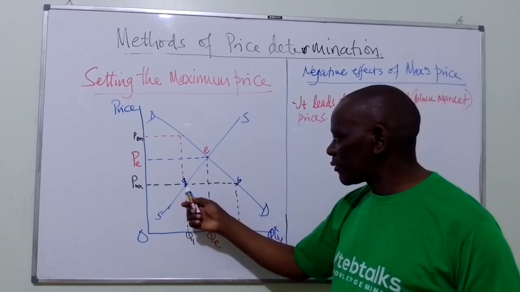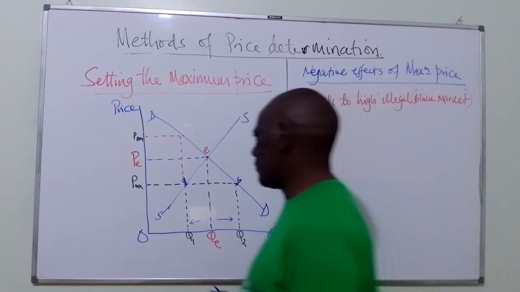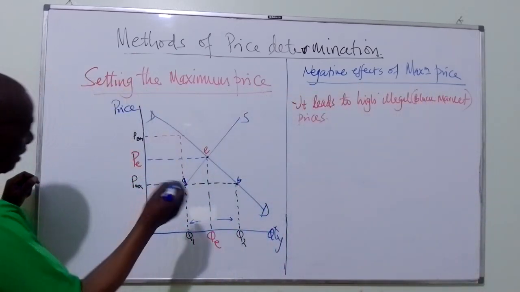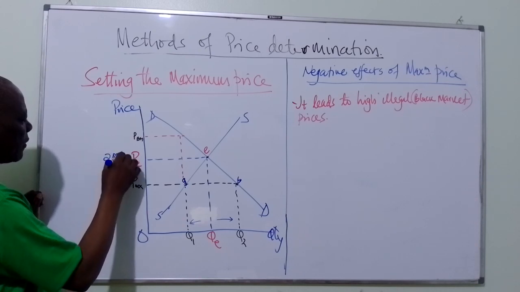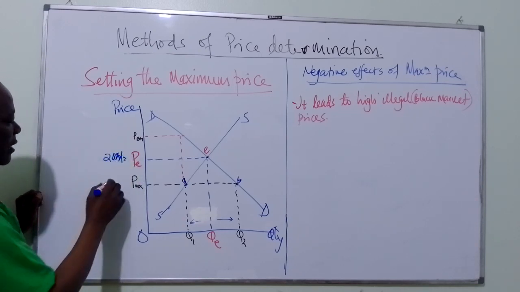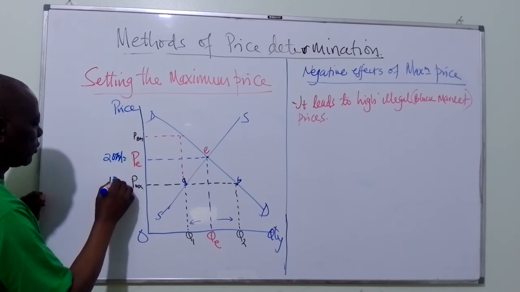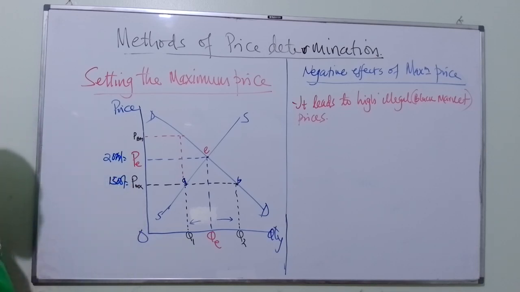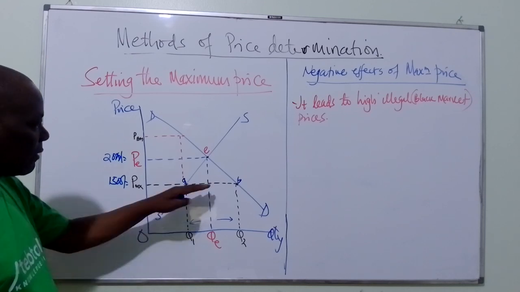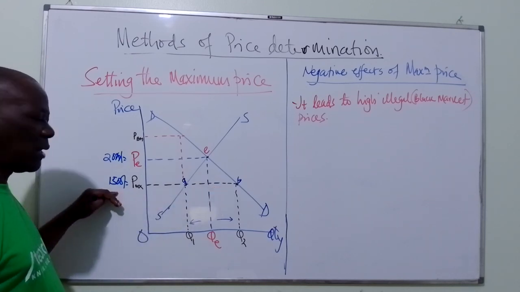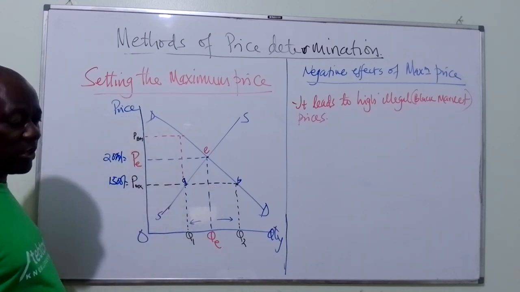So the price that has gone down, government has declared, for example, that the price of sugar has been 2,000 shillings per kilo. Government says no, you should sell the kilo at 1,500. That is the maximum price. Now, once it comes to this, the demand is going to increase.